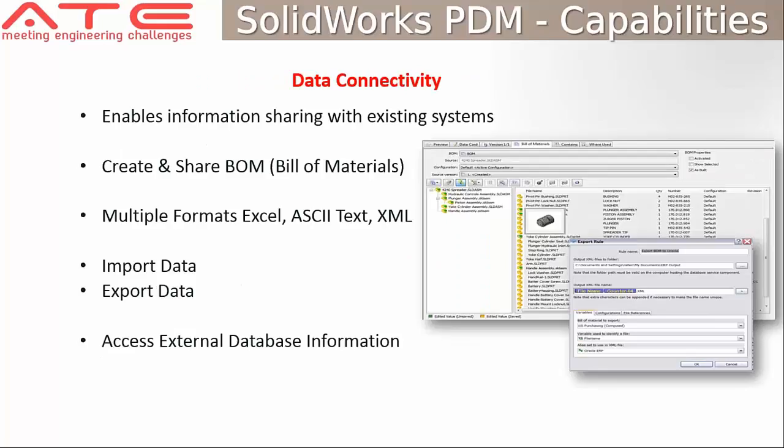And data connectivity: as PDM is through the network, sharing data like drawings or bills of material with the purchase department or manufacturing team is quite easy. It's just through notifications, and you can also import and export data, like Excel sheets or CSV format.